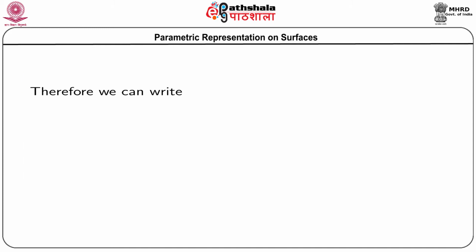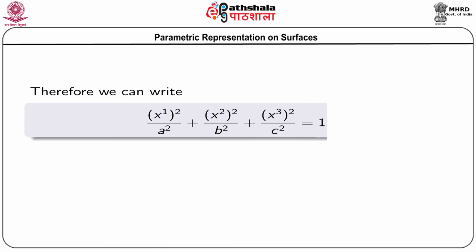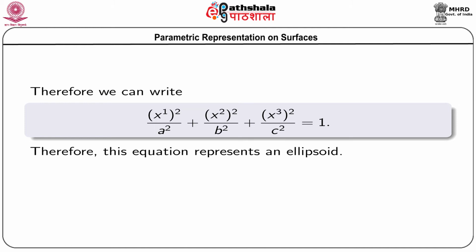And if we eliminate U1 and U2, we have the equation x1 square by a square plus x2 square by b square plus x3 square by c square equal to 1, which is the equation of an ellipsoid. So, all these surfaces are represented parametrically by the equations given above.